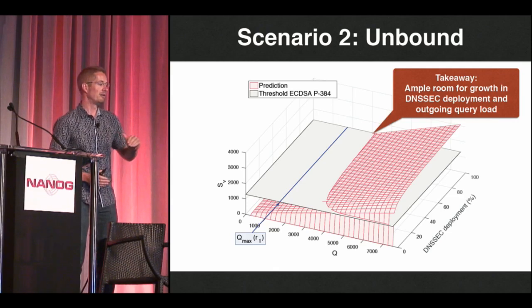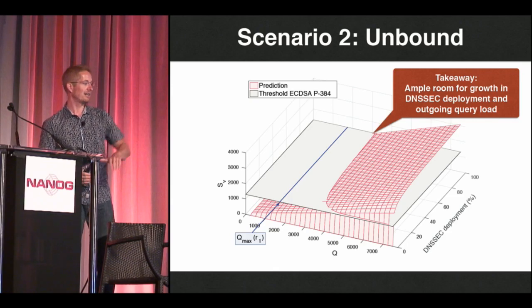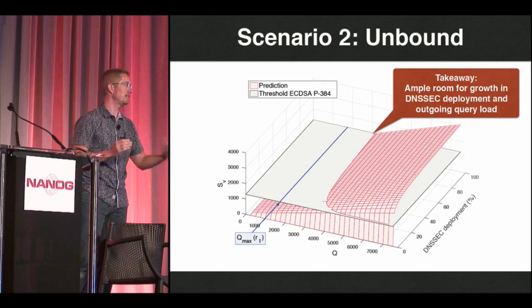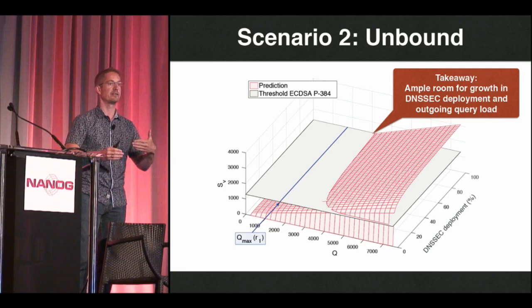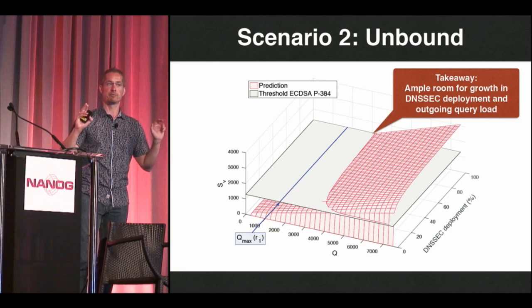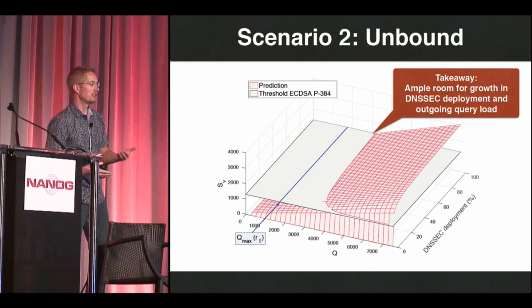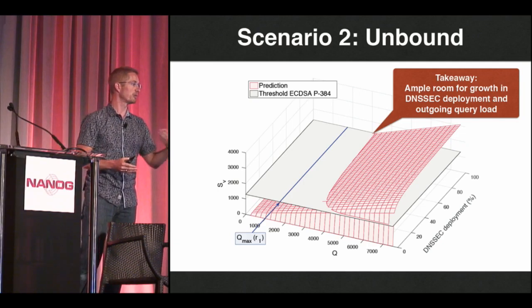The plane that you see is the threshold of how many ECDSA P384 signatures, so those are the signatures that require the most CPU time, we can validate on a single core. On a single core, we can validate about 1,200 signatures per second.